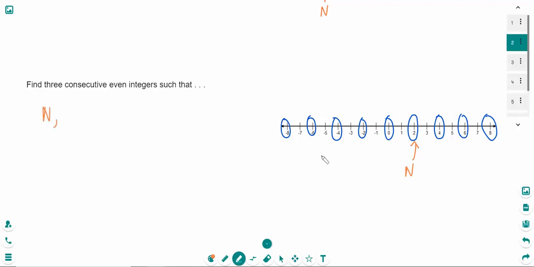What's the second consecutive even integer going to be? Well, if we started with the 2, the next one would have to be this 4. That's the next one down the road. So how do I get to that 4? Well, if n is 2, I'd have to take the 2 plus another 2 to get me to the 4. So I'd have to take n plus 2 to get me to the 4, right?